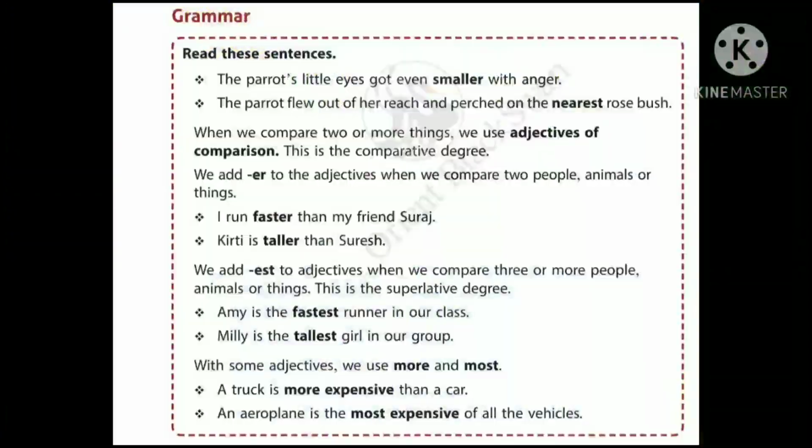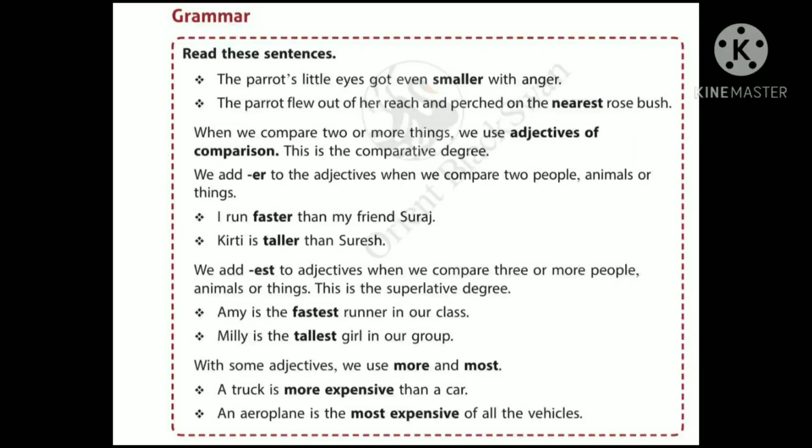Now, let us discuss the textual activities. All of you take page number 57. Grammar. Read these sentences. The parrot's little eyes got even smaller with anger. The parrot flew out of her reach and perched on the nearest rose bush. See the words that are in dark letters. What are they? Smaller, nearest.